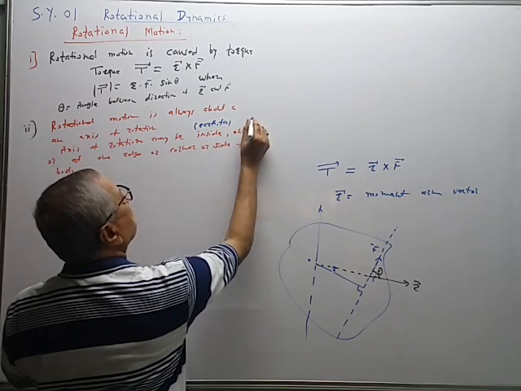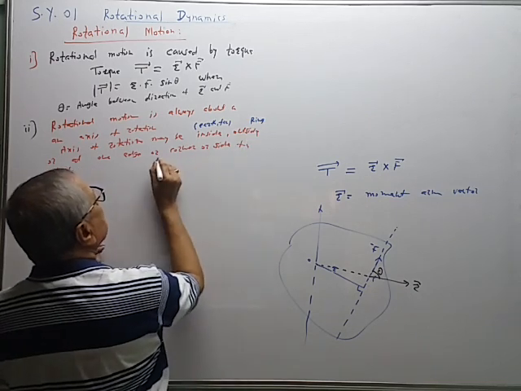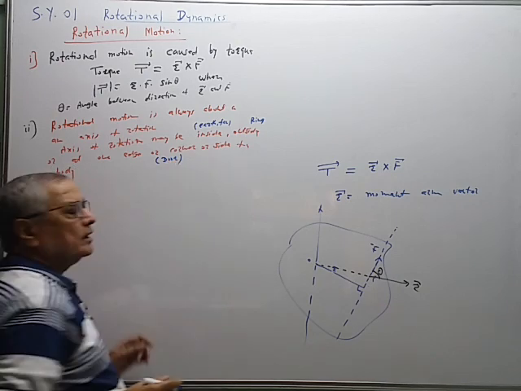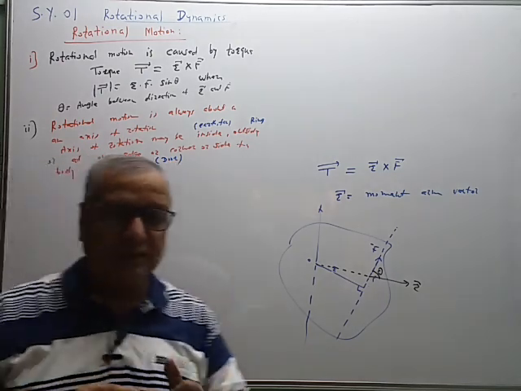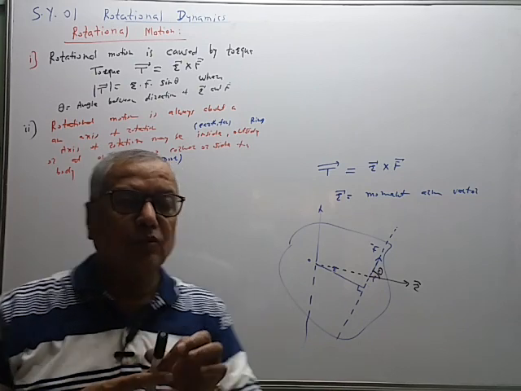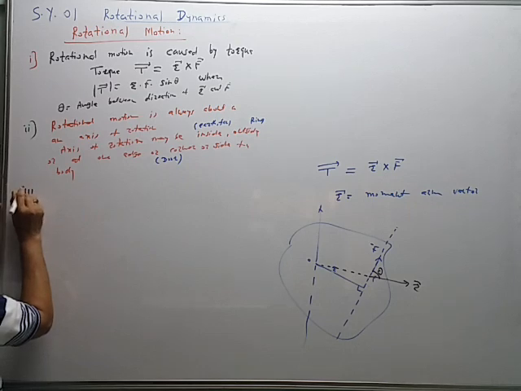Outside the body means a ring, and at one edge means door. At least one example should be given like this. And the last point is that rotational motion is always considered for a rigid body.